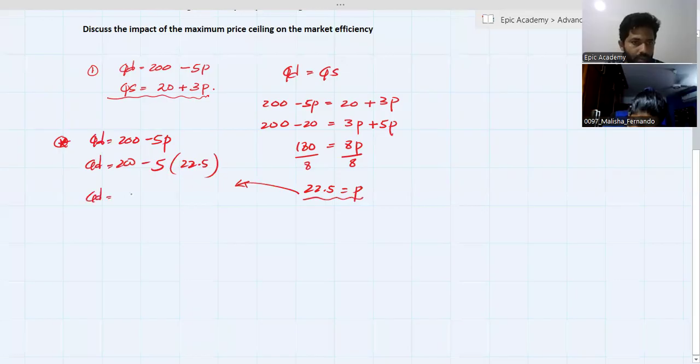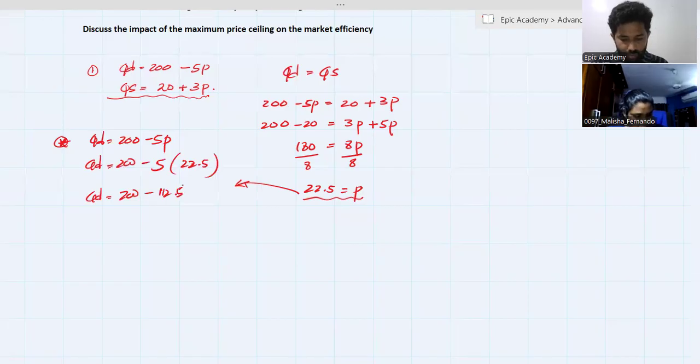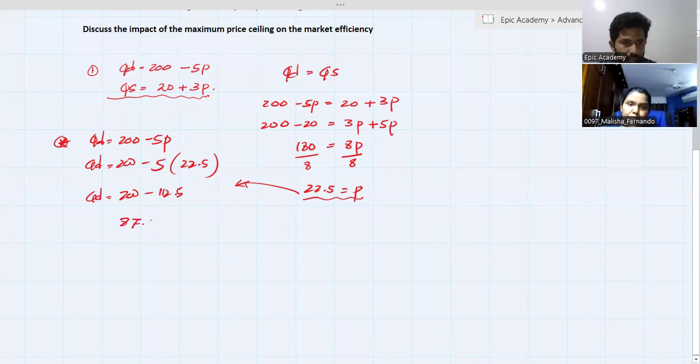So QD equals 200 minus 112.5, isn't it? Yes. So 87.5. This is the quantity. It must be the same whether quantity demanded or quantity supplied, both.